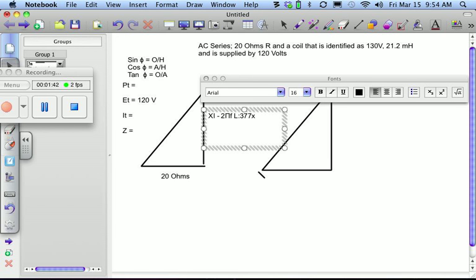How's that? 377 times 21.2. Except it's not 21.2. Actually, it's 0.0212. You didn't put the multiplication sign. Hang on.